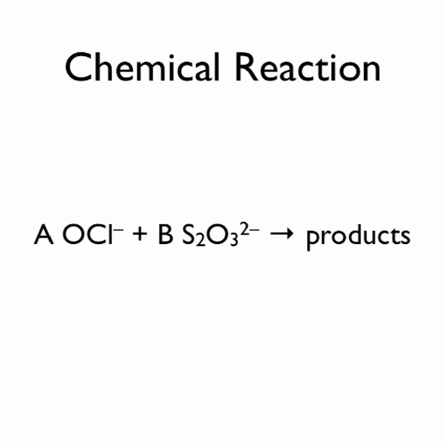It is possible to identify the stoichiometric coefficients A and B for these reactants without knowing the products of the reaction. The process that you will use to determine the coefficients is called continuous variations.